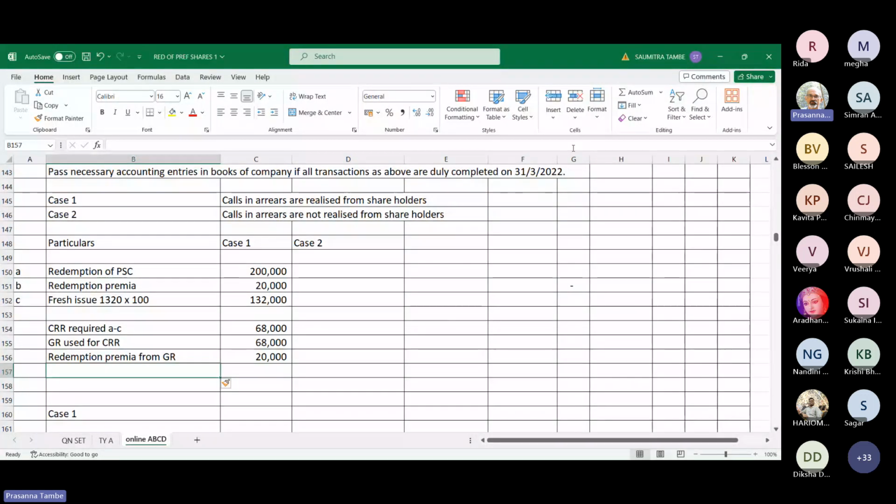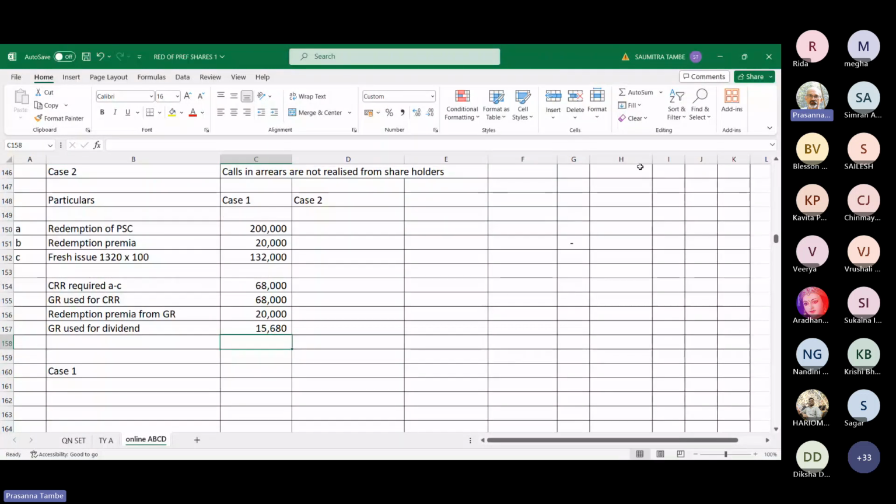Our redemption of preference share capital will amount to 2 lakhs at face value plus 20,000 premium. And we are making 1,320 shares as fresh issue. That will fetch you 1,32,000. So difference between these two, 68,000, is part of your CRR. That will be drawn from GR. We will provide another 20,000 from GR towards the premium.